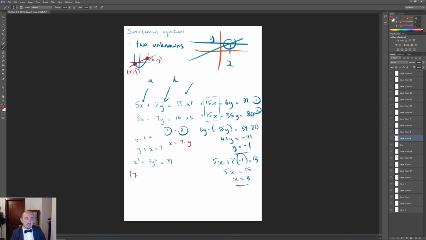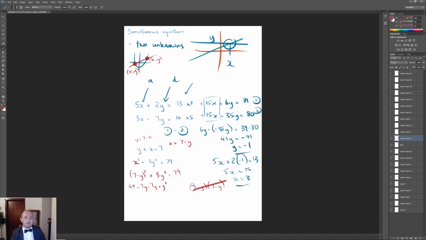So I'm going to do 7 minus y squared. I've substituted for x and I put that in here. Plus my 3y squared equals 79. I'm going to expand 7 minus y squared. So 7 minus y, 7 minus y. And that's going to give me 49 minus 7y minus 7y plus y squared.